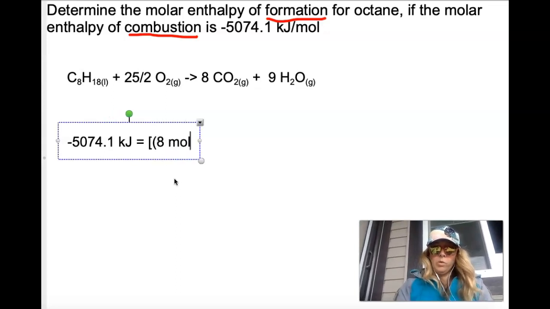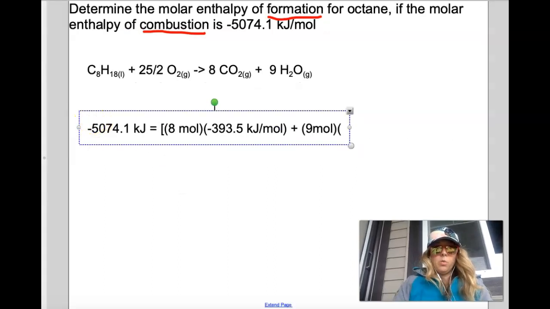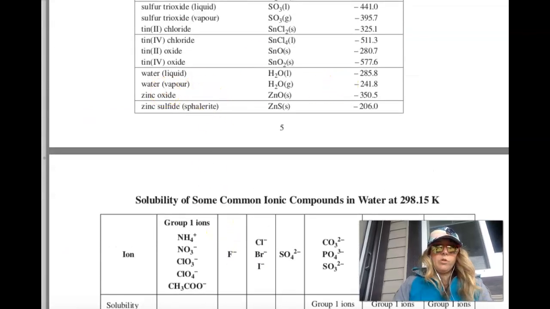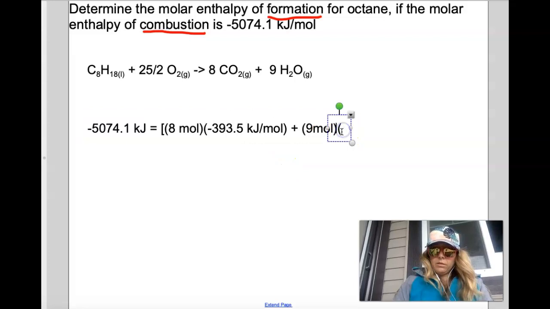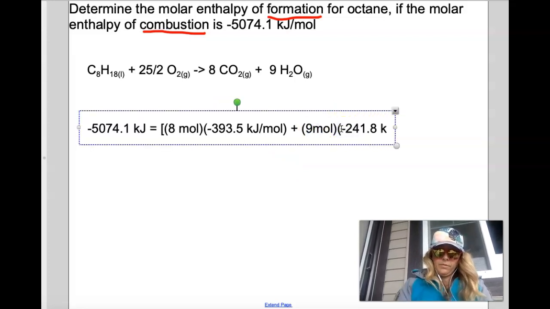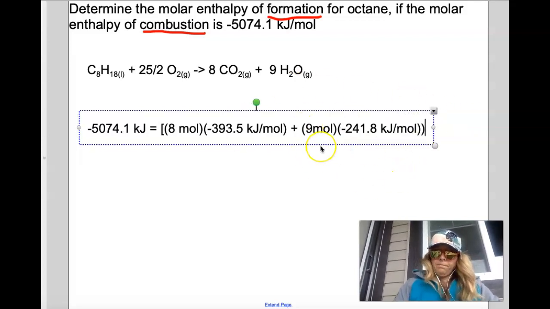So we're going to have 8 moles times the carbon dioxide, which is negative 393.5 kilojoules per mole, then plus 9 moles times the water. What's water again? There's 2 waters. I never remember which one's what. So water is vapor, negative 241.8. So there are my products.